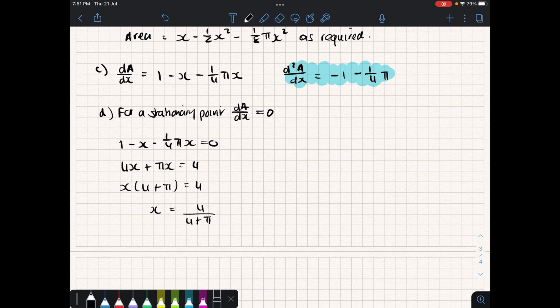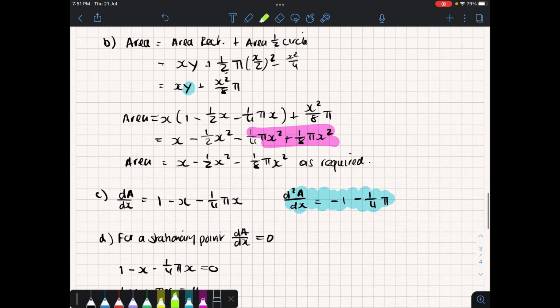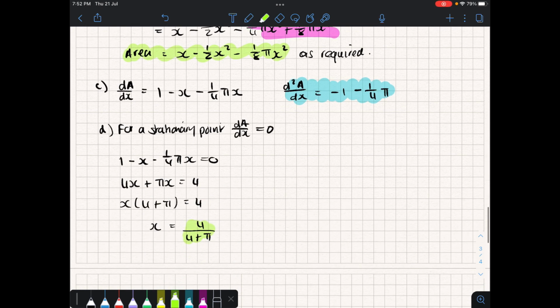Now this value needs to go back into our original formula. So this area formula that we proved earlier on. So we need to put that into the formula, okay? Now I'm going to spare the gory details because it's quite long.